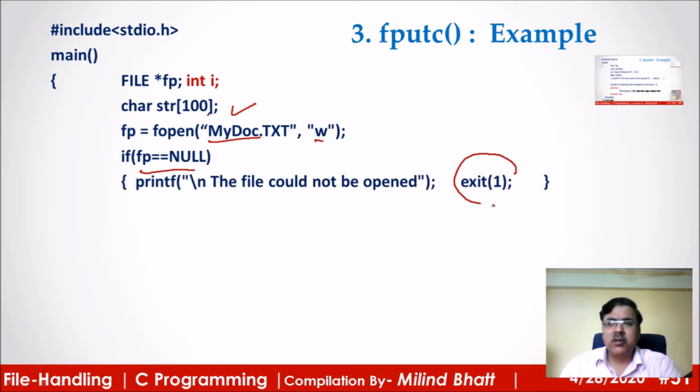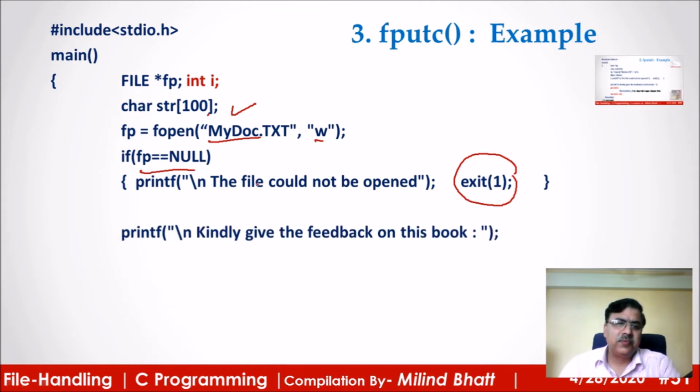If it is not, exit. If it is, then I have to take some input from the user, and finally that has to be stored to the file. Get as string, and I have to put this string to the file.